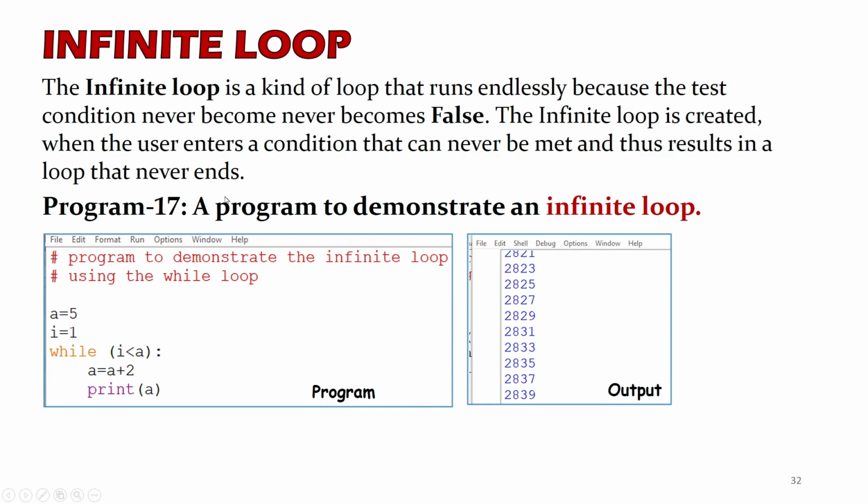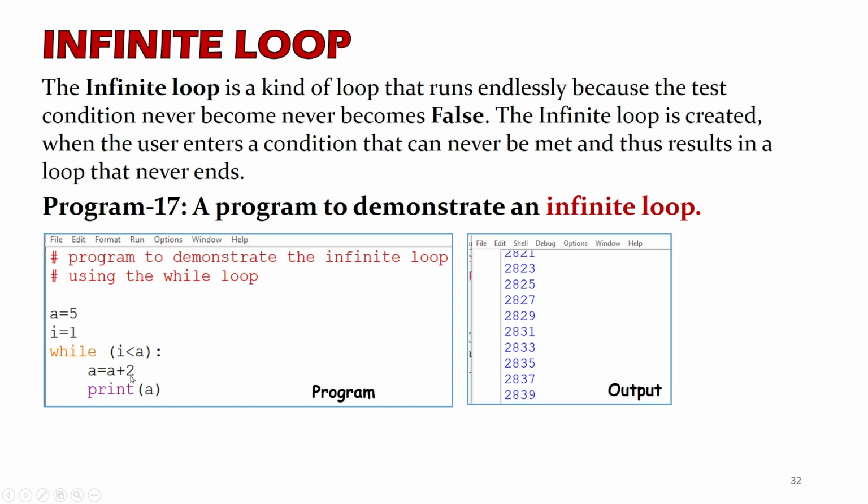So here I have written a program to demonstrate an infinite loop. Again the question part is written as a remark. a is initialized as 5 and i is initialized as 1, and here I am checking. See, a is 5 and i is 1, so i is always less than a. That is, 1 is always less than 5.